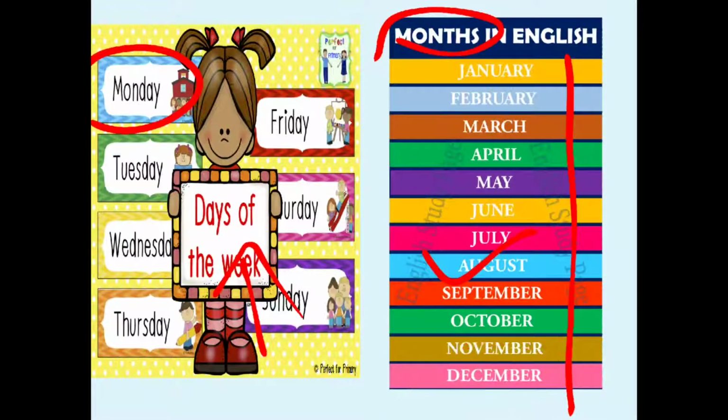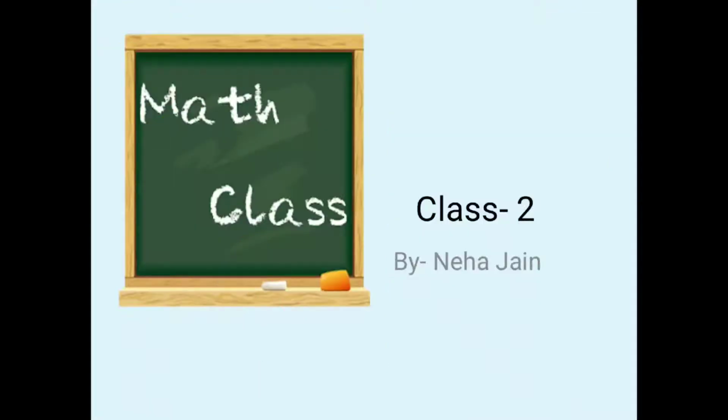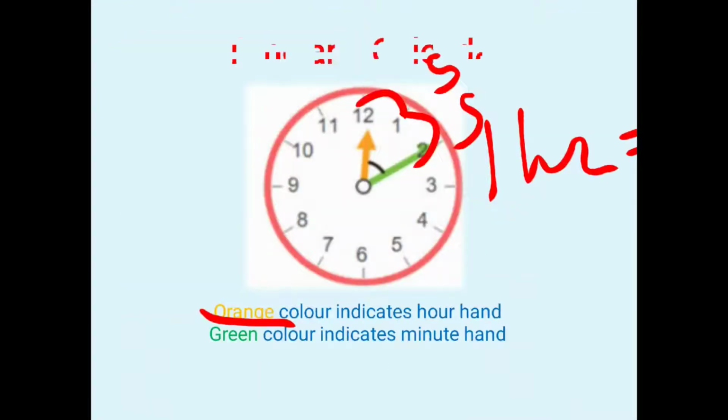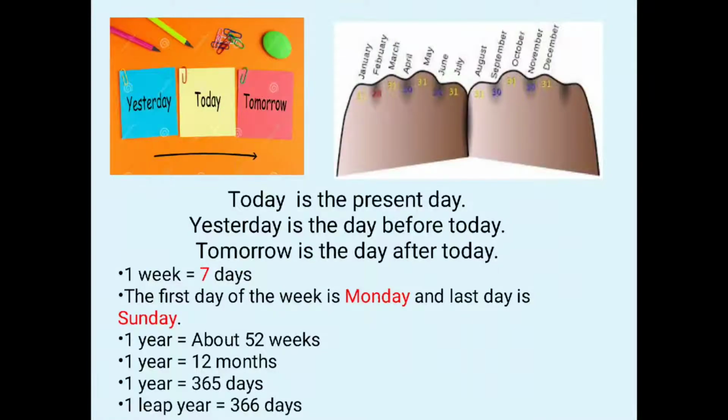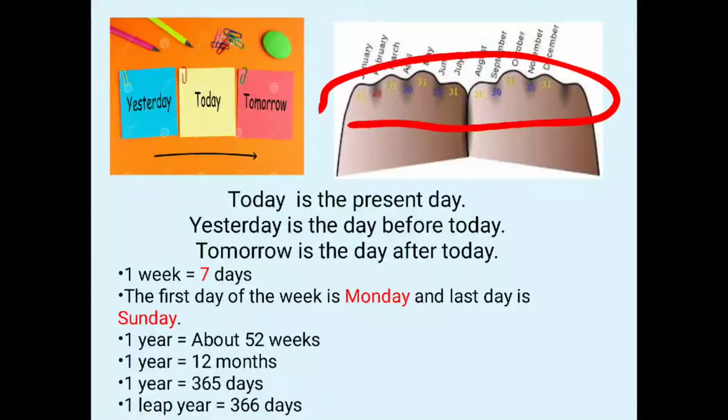Then you have to remember how many days are there in 1 month. See, in January 31, in February 28 or 29. How will you remember? You don't need to learn it, but we'll do it by this. See, you all have your hands like this.